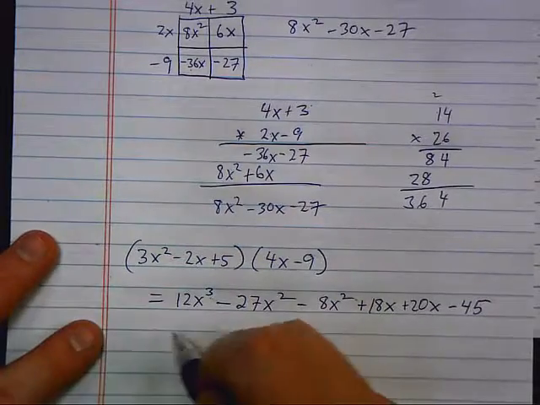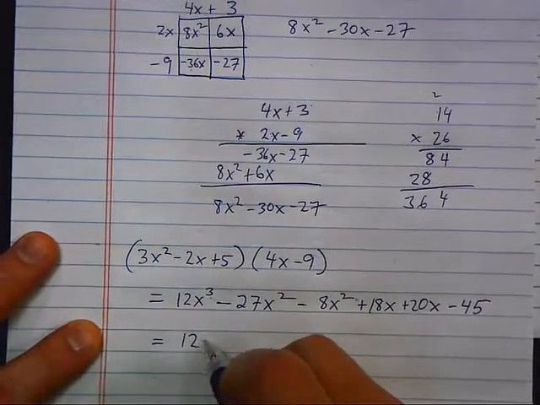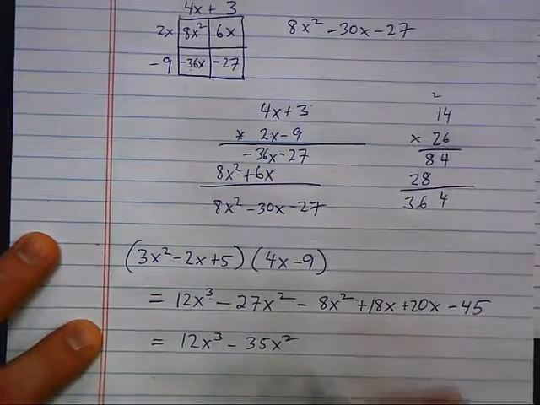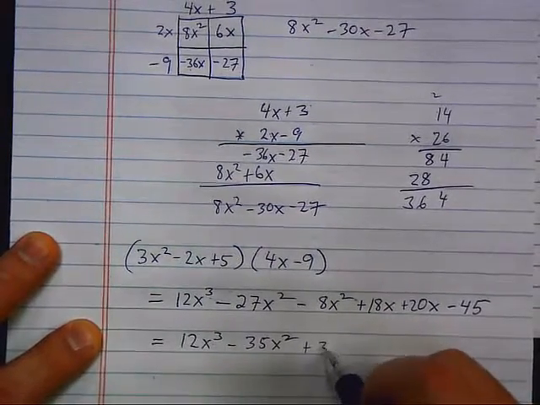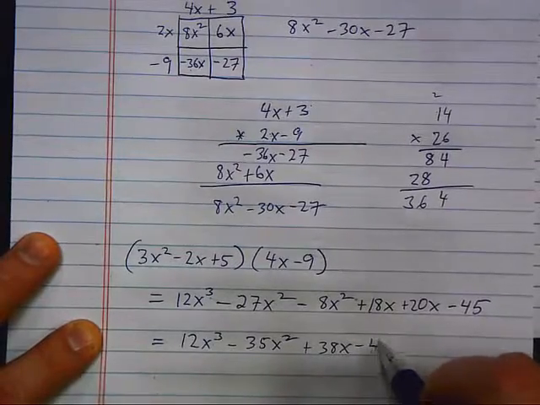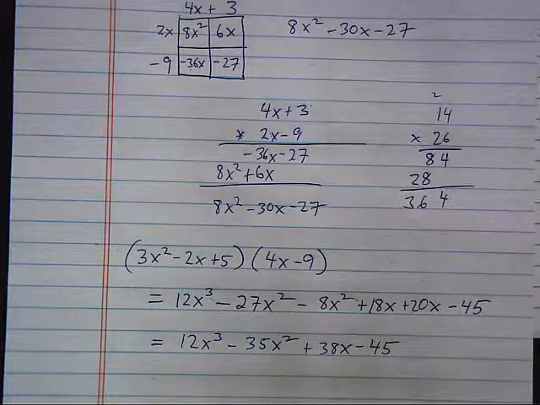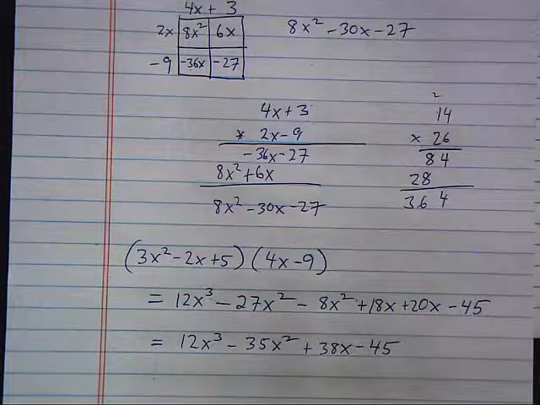Combine like terms. I think my final answer is going to be 12x cubed minus 35x squared plus 38x minus 45. Questions on that?